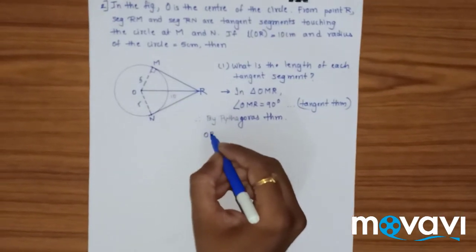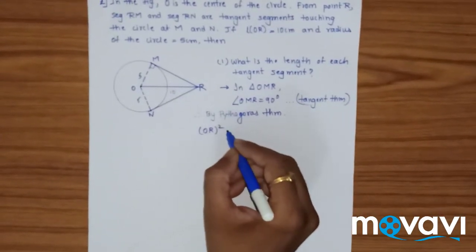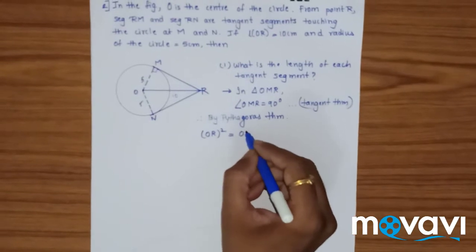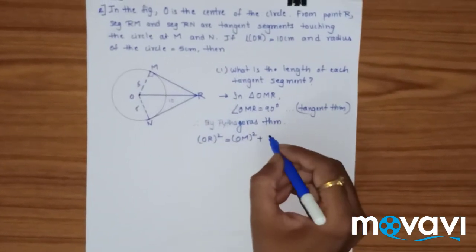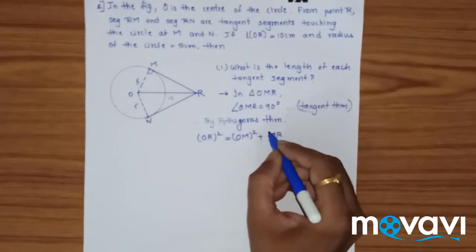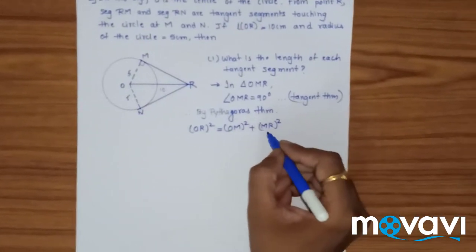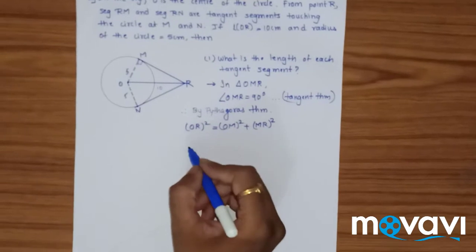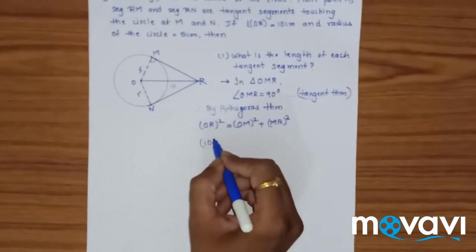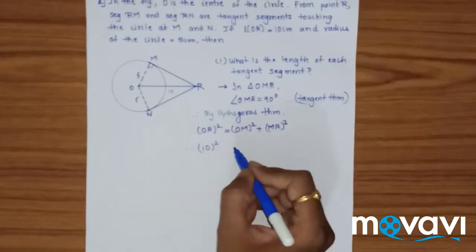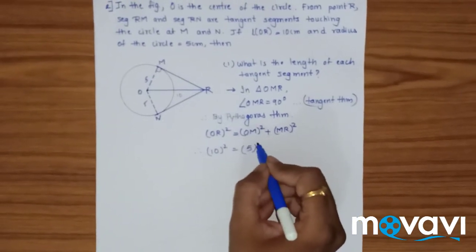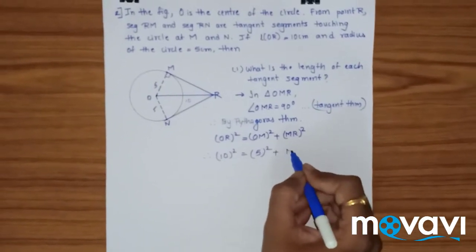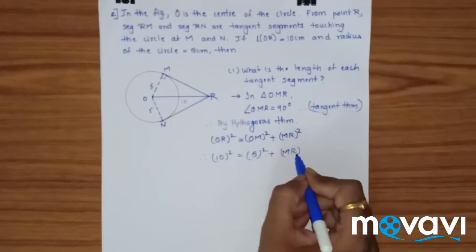OR square, that is hypotenuse square, is equal to OM square, that is side 1 square, plus side 2 square, that is MR square. So we need to find MR. OR is given to us, that is 10. So its square is equal to, OM is also given to us, that is 5, its square plus MR square.